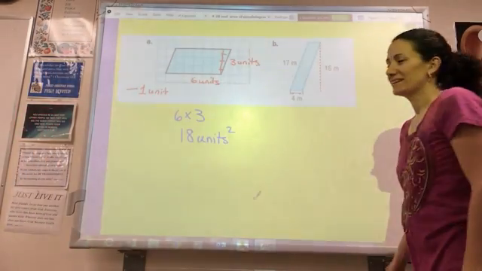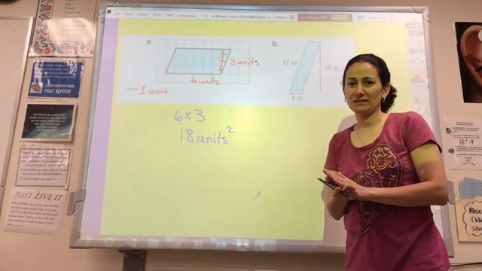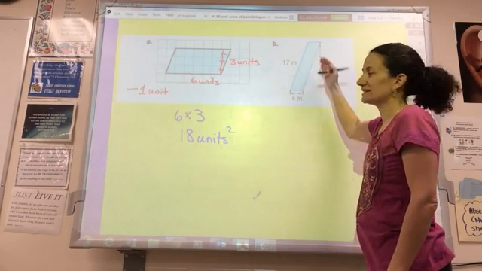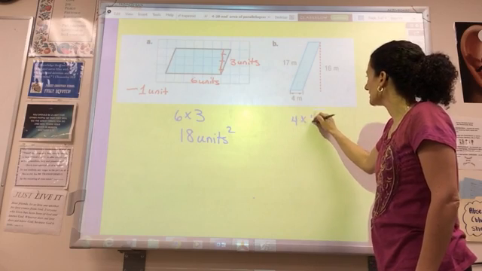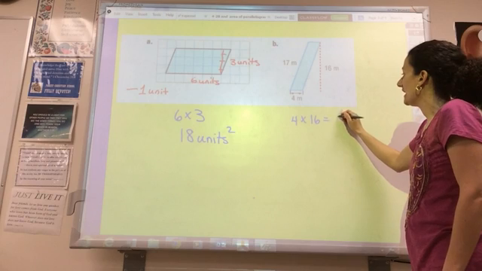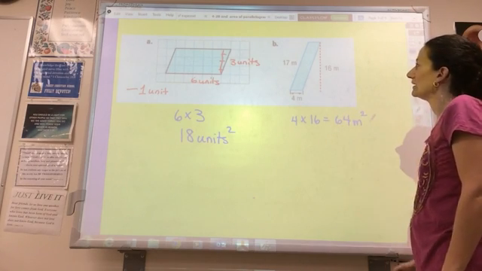Now this one, I hope it didn't stump you. Which numbers did you use for the base and the height? If you used 4 and 16, you were correct. 4 times 16 is how you would find the area of this parallelogram, and that should have given you 64 square meters.